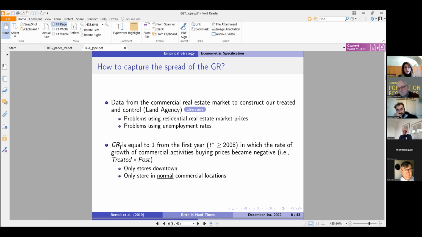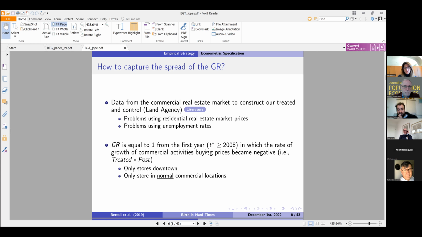And then we create our indicator of the Great Recession as a dummy that takes value 1 from the first year since the start of the recession, that for Italy was 2008, in which the rate of growth of commercial activities becomes negative. So this is a sort of interaction between what we would usually include in a difference in differences setting, the post dummy and the treated dummy.